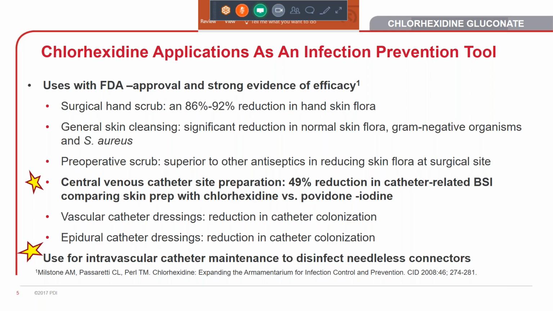And we know that it is considered the most attractive and recommended antiseptic for catheter site preparation for central venous lines, with some data showing a 49% reduction in CLABSI when you compare skin prep with chlorhexidine versus povidone iodine, and we're going to talk about that paper.